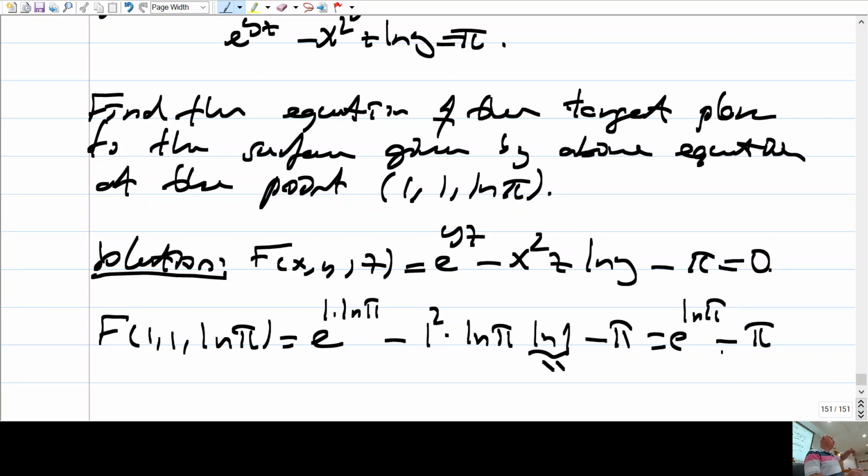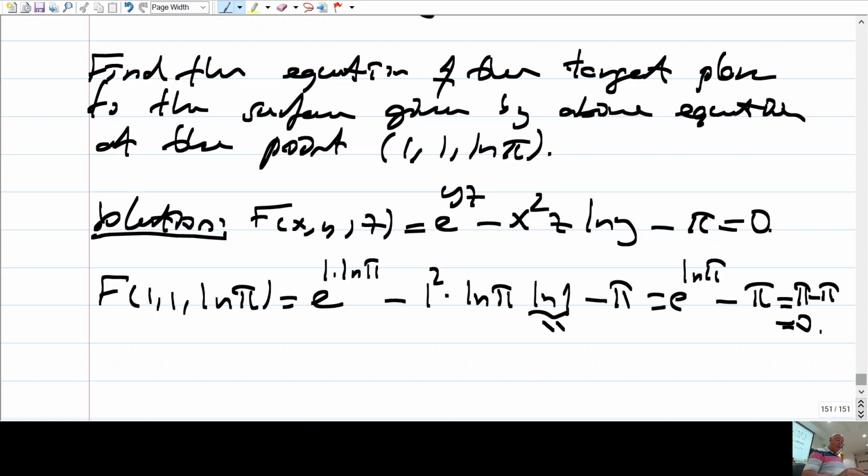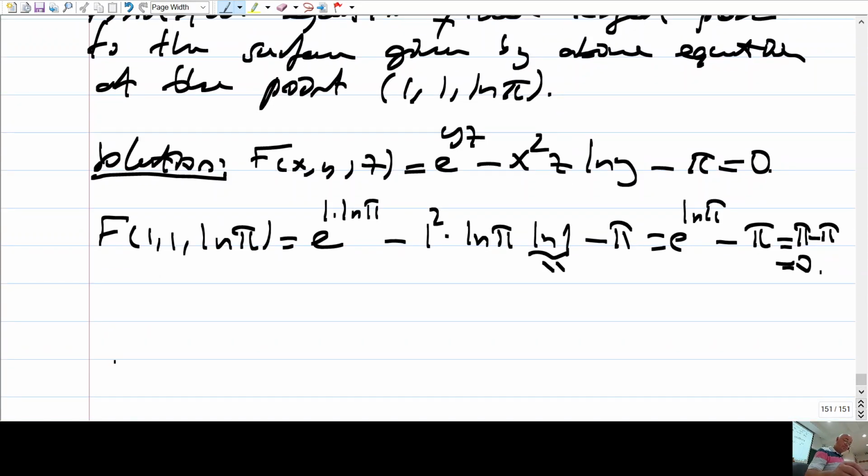But e to the power ln pi is also pi, so this is pi minus pi, which is 0. Therefore, this point is on the surface.